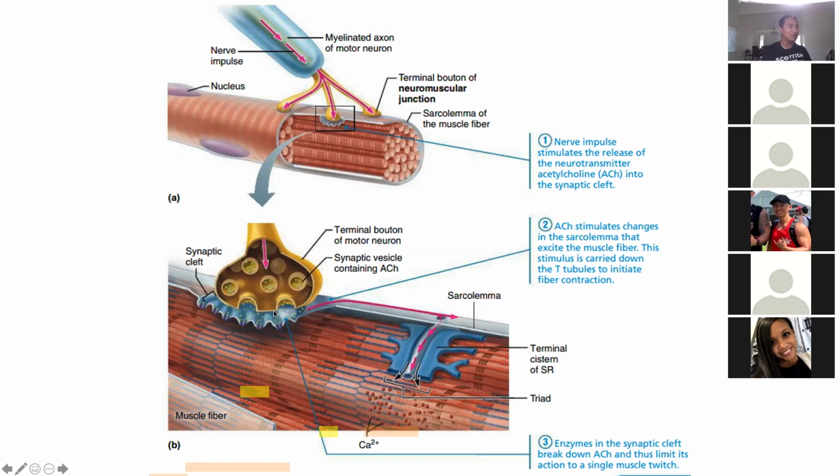This space is called the synaptic cleft. In between is the synapse, and this space is called the cleft. Acetylcholine will come out from the nerve endings and go to the muscle, and just by doing that, it will stimulate calcium from the sarcoplasmic reticulum to come out and ask the muscle to contract.